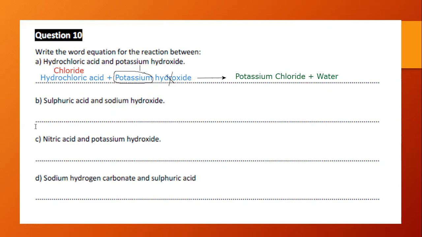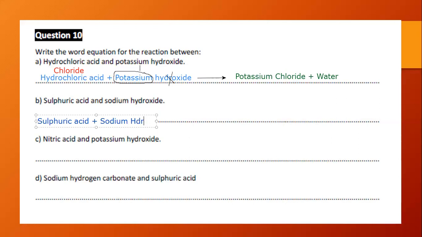All right, guys, so let's do B together, okay? So the reactant parts, no problem. You can write what the reactants are from the names in the question. They're already written. What are the two reactants? Sulfuric acid plus sodium hydroxide.